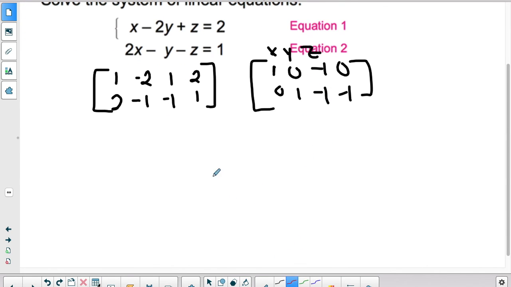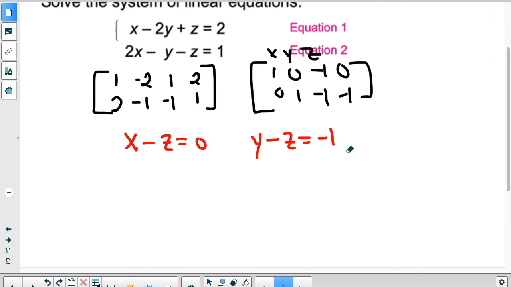Now the top row tells me that I have x minus z equals 0. And the bottom row, well, I don't have an x, but I have y minus z equals negative 1. So here I have two equations: x minus z equals 0 and y minus z equals negative 1.